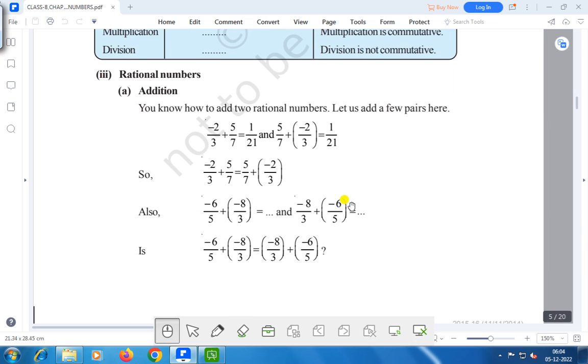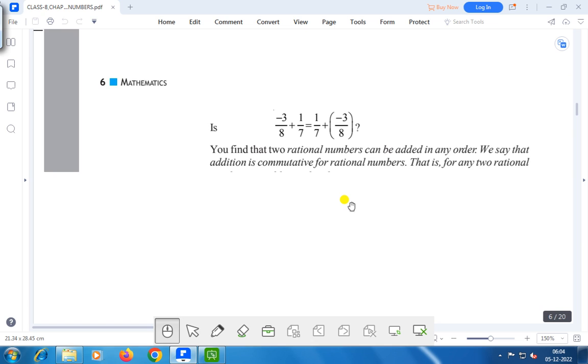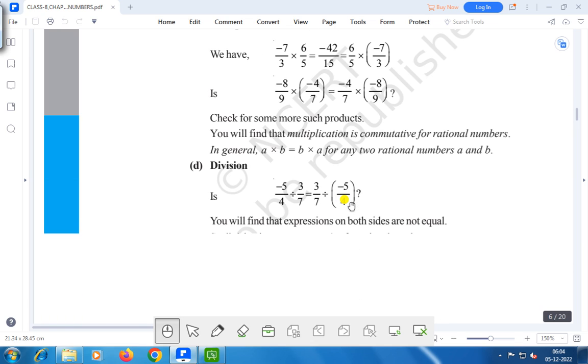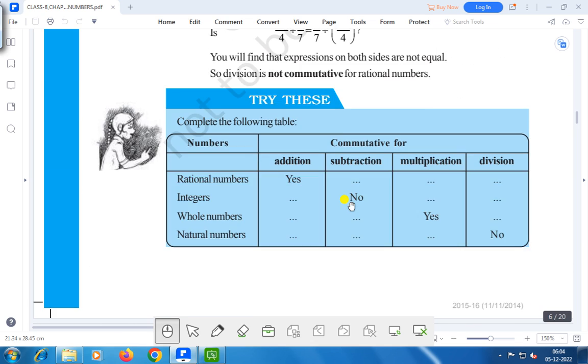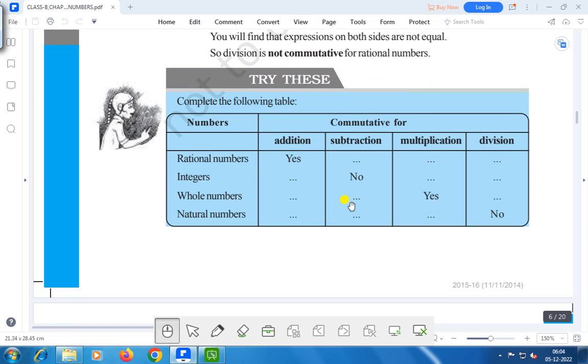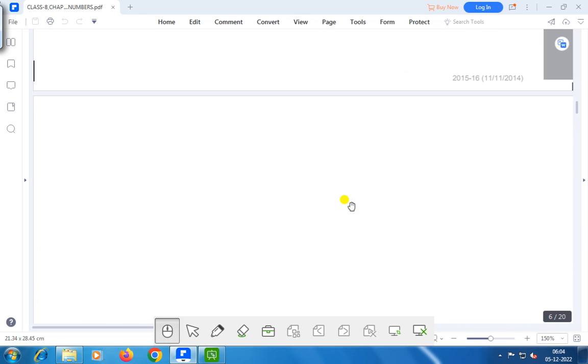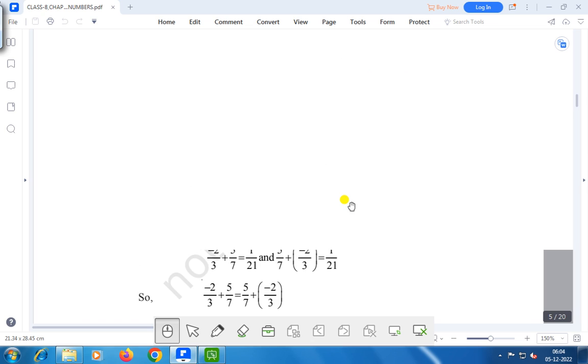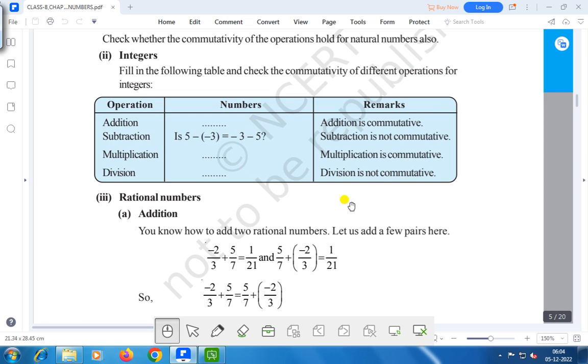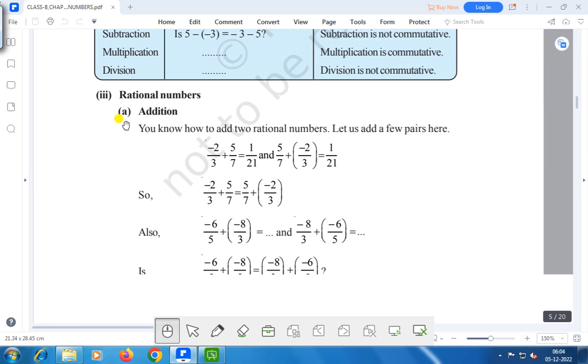Now rational numbers. In the case of rational numbers, we will find by some examples.